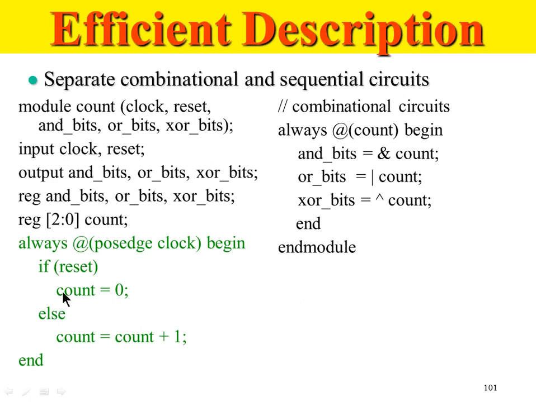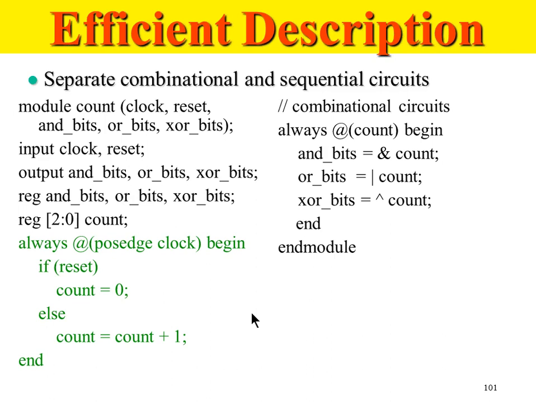Because we have separated the sequential circuit and the combinational circuit in two always blocks. Okay, do you agree to this? Yes. So that's why this is called efficient description and the other one is called inefficient description.